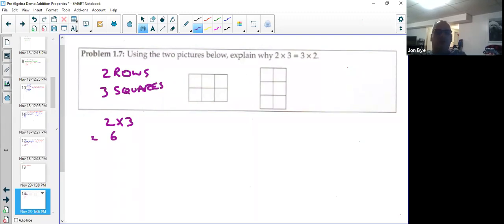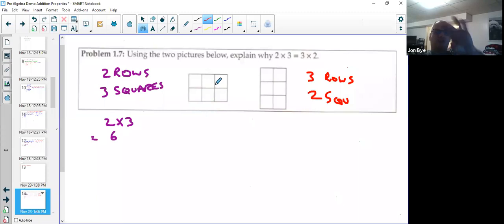We're down to about 3 minutes here, so we'll wrap it up shortly. But on the right side, there are 3 rows of 2. It's basically the exact same numbers and the exact same operation. If you look at the picture, it's just turned on its side.